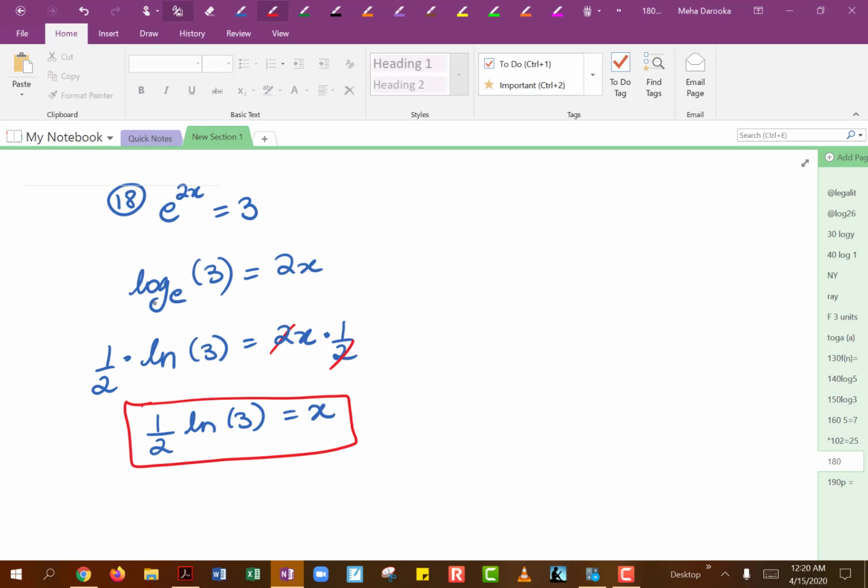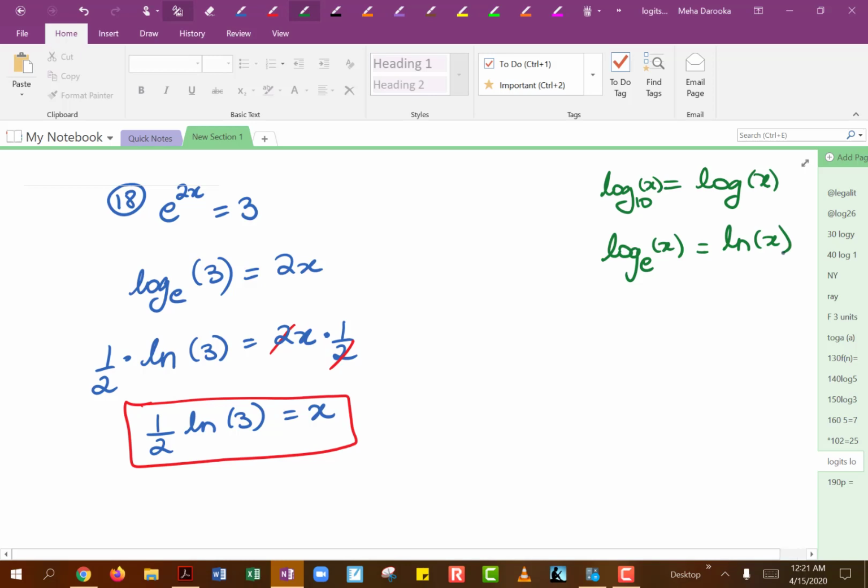You always make it just log of whatever the number is. Same thing with natural log. We never leave it as log with base e. We always write it as natural log of x. So that's basically what we did in examples 17 and 18. Okay, so this will be our answer for problem number 18.